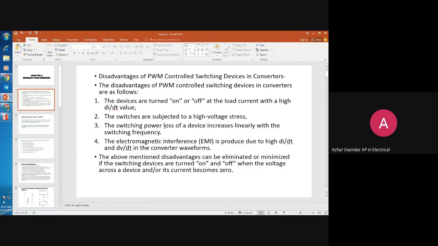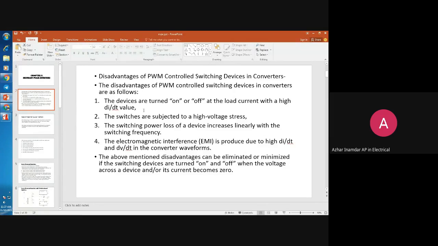There are different disadvantages of pulse width modulation controlled switching devices which are used in converters. The first one is the devices are turned on or off at the load current with a high di by dt value. You know this, you have learned in the first chapter also.